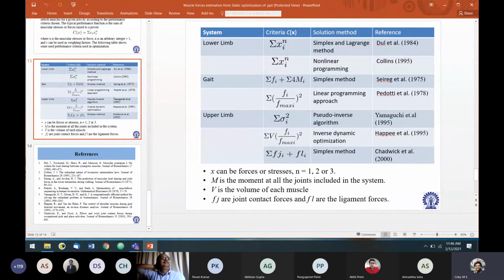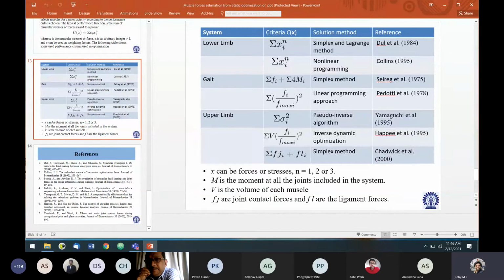Okay. Is there any other query, a general query or anything? Hello. I wanted to ask whether it's possible to measure the muscle forces experimentally. This is a theoretical thing. We have taken many different kinds of cost functions to evaluate muscle forces. If we can measure muscle forces experimentally, maybe we could model them and find a more accurate objective function.